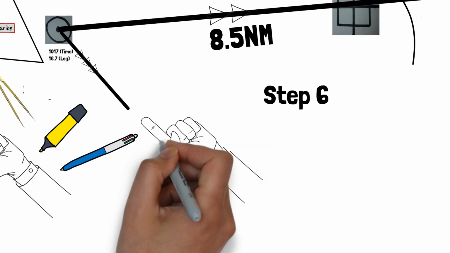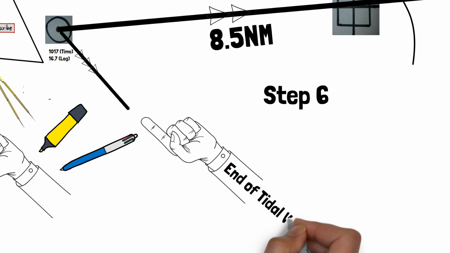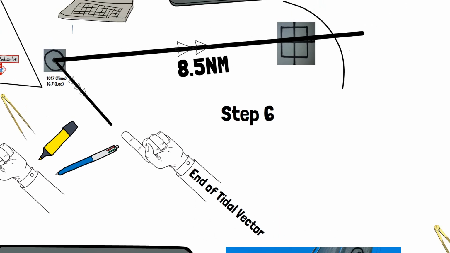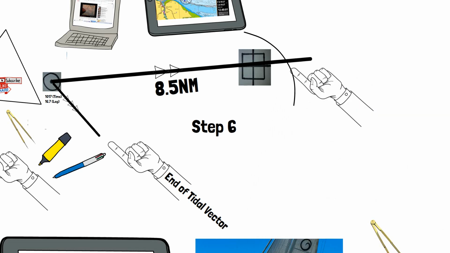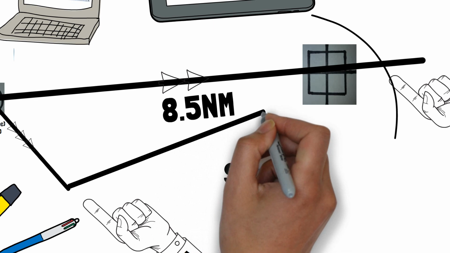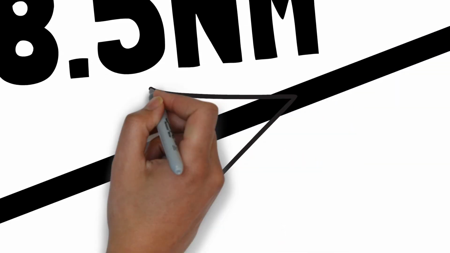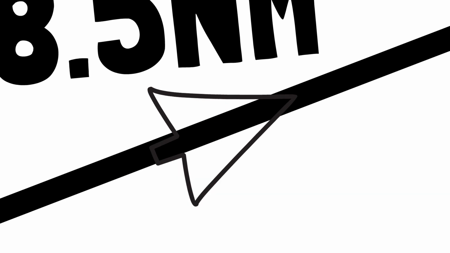Step 6. I need to join up the end of my tidal vector to the arc that is crossing the ground track. To show the water track, I need to draw on 1 arrowhead. I then take my Portland plotter and measure the angle of the water track.